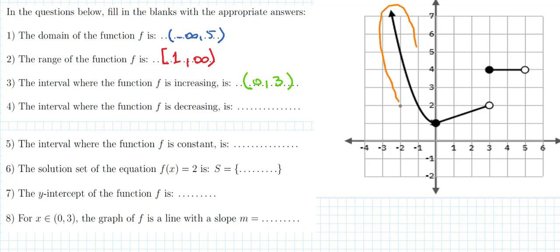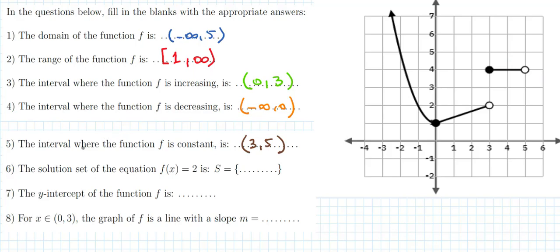As we see here, the function is decreasing starting from minus infinity to 0. So the answer here is the open interval minus infinity, 0. Whereas the function is constant on the last piece of this function, which is on the interval 3, 5.